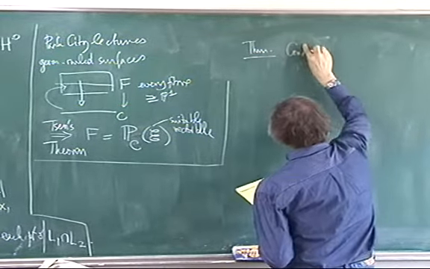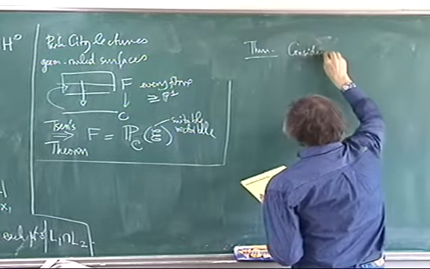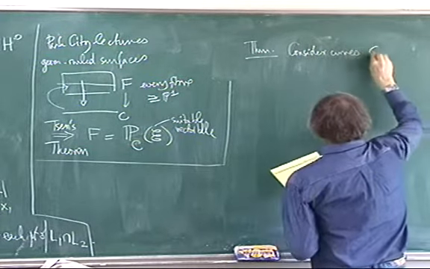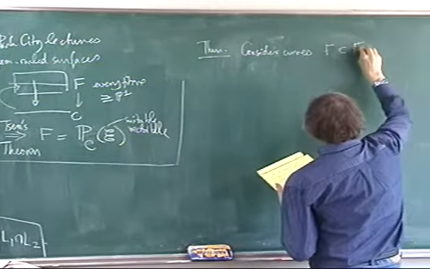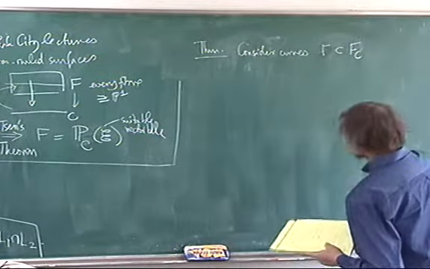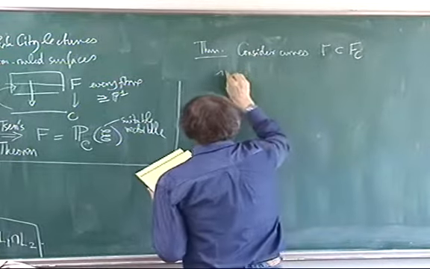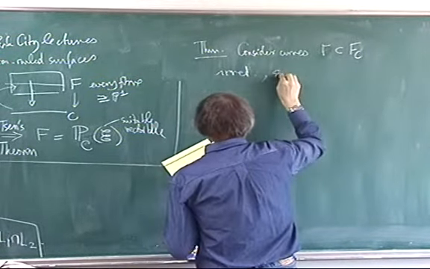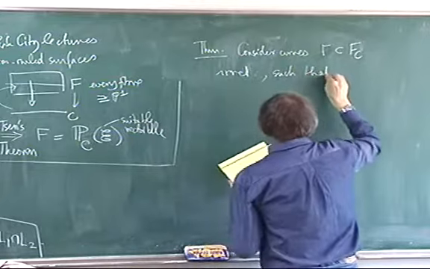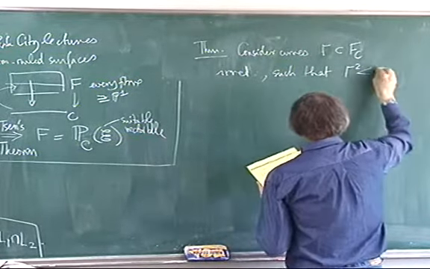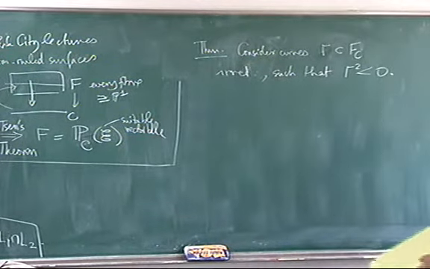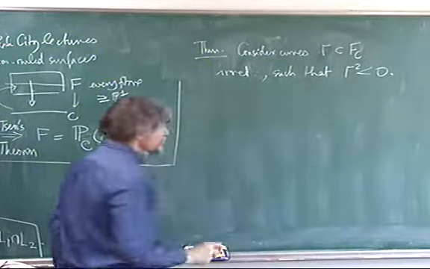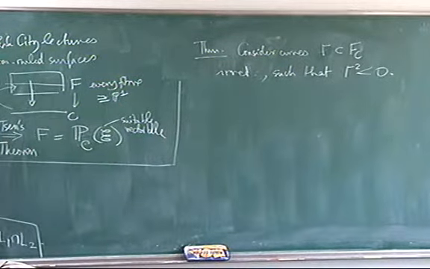Consider curves gamma in F_C, irreducible, such that gamma squared is less than 0. Right, so have we ever seen anything like this? Well, we've seen the negative sections of surface scrolls.